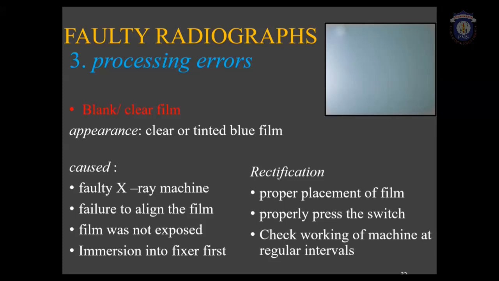So to rectify this, ensure that the area of interest is there in the film. Correctly give exposure during the exposure of a radiograph. Check the working of the machine prior or at regular intervals. Ensure that you dip the film in the developer solution first before proceeding on to the processing.